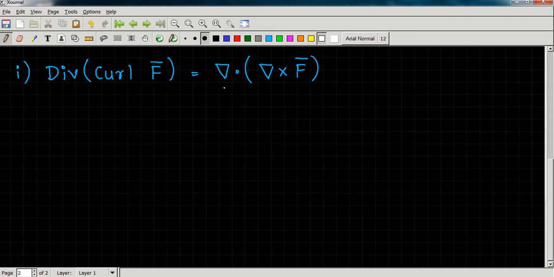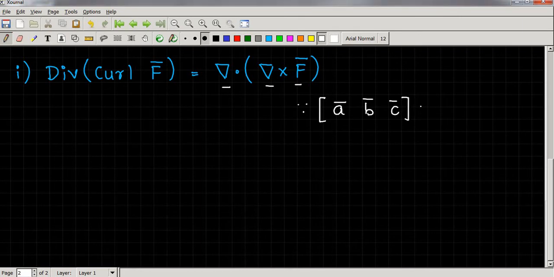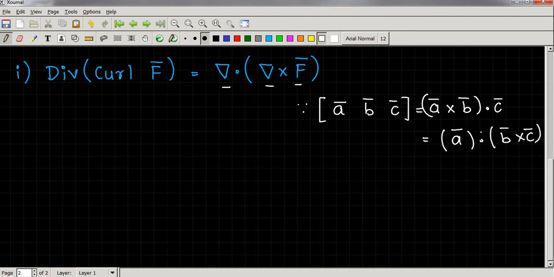So since we are calculating scalar triple product, we know that value of box product a bar, b bar, c bar is nothing but a bar cross b bar dot c bar, which is same as a bar dot b bar cross c bar. If you exchange the roles of dot and cross, we will get the same value.